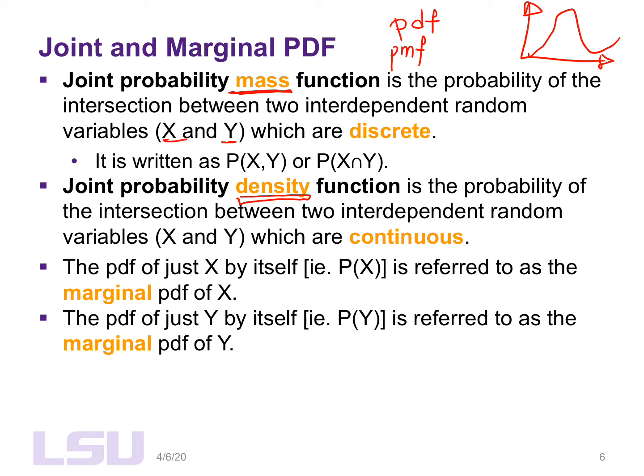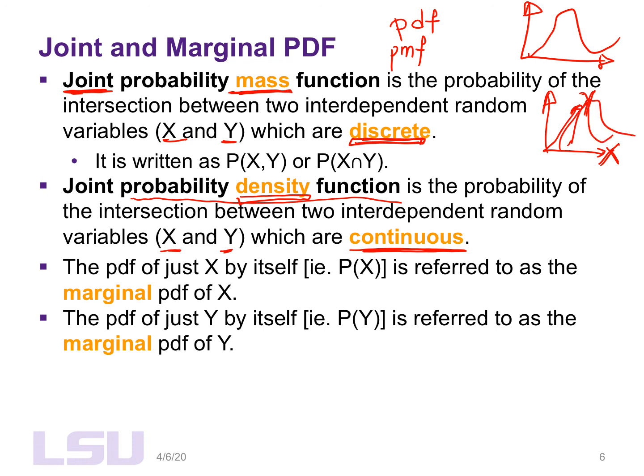So if x and y are discrete, meaning assuming only integer values, then what you have is a joint probability mass function. Otherwise, if x and y are continuous, then what you have is the PDF, probability density function. And it's joint because you have two variables, two random variables, which are interdependent, and you can now plot the dome for the continuous function for PDF, discrete function for PMF.